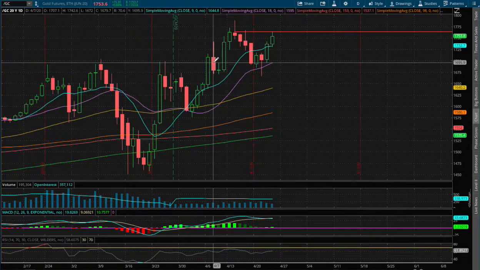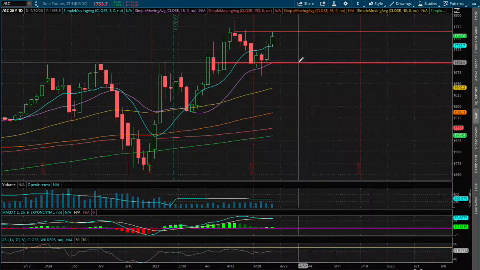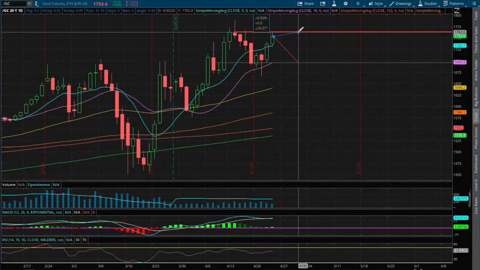And since we're above resistance, that now acts as our support. So again, that support is around 1695, and if we do head down lower, that price movement is roughly around 3.2% to the downside, and if we do head up higher, that price movement is roughly around 56 basis points.